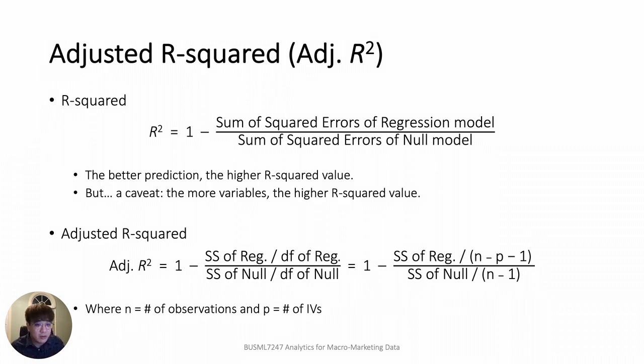So, in the regression model, computing the sum of squared errors uses the information as much as n minus p minus 1 observations, where p is the number of independent variables. So, when we add a new independent variable, R-squared increases. But the increase of the R-squared is penalized in adjusted R-squared because the degree of freedom also changes.